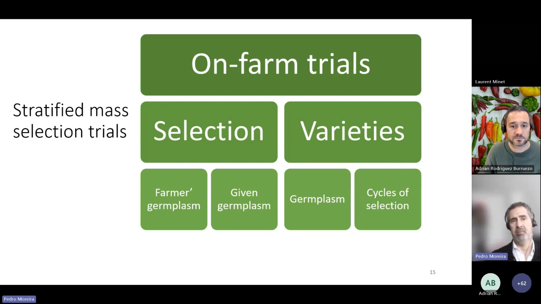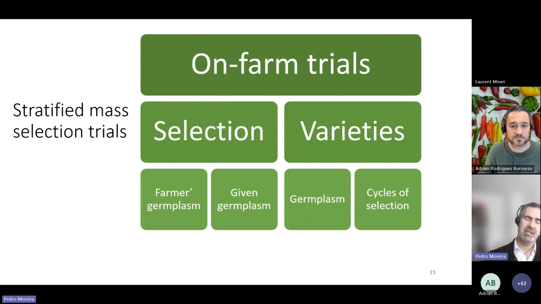When the farmer does the selection, if they don't know about this, they will do the selection only in the good part of the field. They don't search for all the variability that can exist and how the plants deal with these problems. So the proposal is that you do the mass selection, but in different parts of the field.